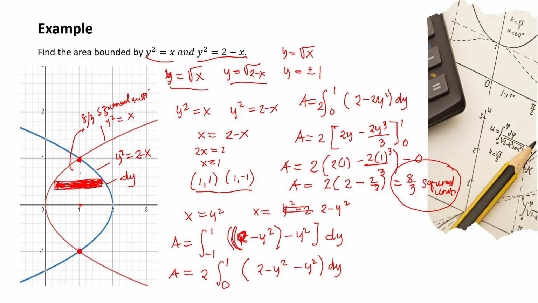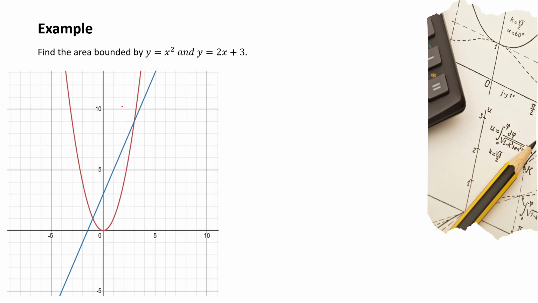Okay, that's an example of horizontal strips. Next, let's proceed with the next example. Let's go back here. The first step in finding the area bounded by y is equal to x squared and y is equal to 2x plus 3 is to find the intersection.